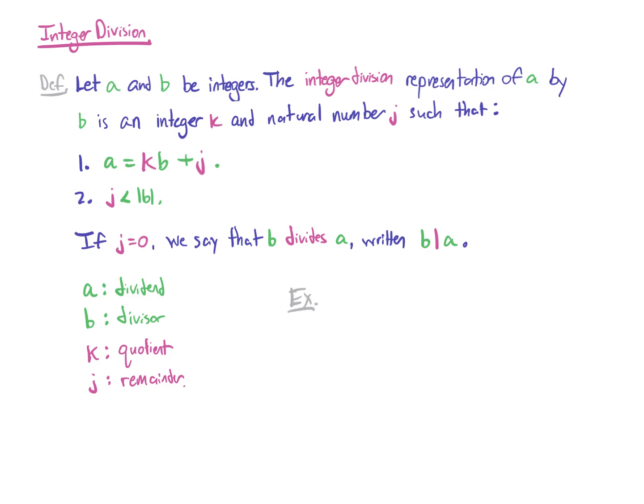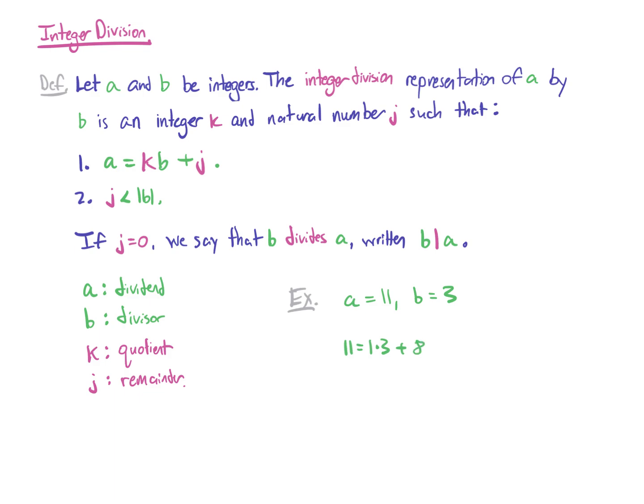So a little example here. Let's consider a is equal to 11 and b is equal to 3. We have many candidate ways that we could write this roughly in the form that corresponds to condition 1. For example, I could say that 11 is equal to 1 times 3 plus 8.